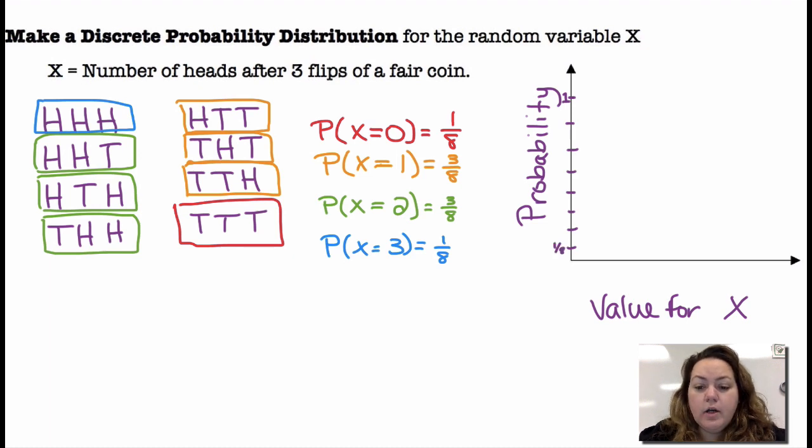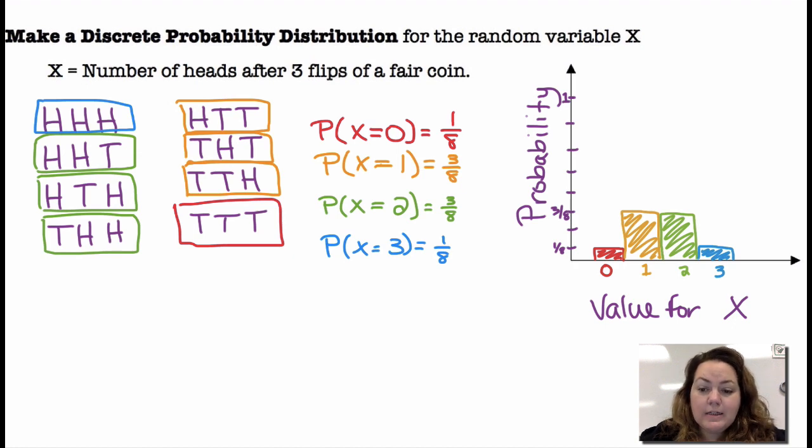So this first one is 1/8, all the way up until 8/8, which is equal to 1 whole. So for the first one, when I have 0, I'm at 1/8. If I have 1 head, I'm at 3/8. If I have 2 heads, I'm at 3/8. And if I have 3 heads, I'm at 1/8. So that is what my discrete probability distribution looks like as a histogram.